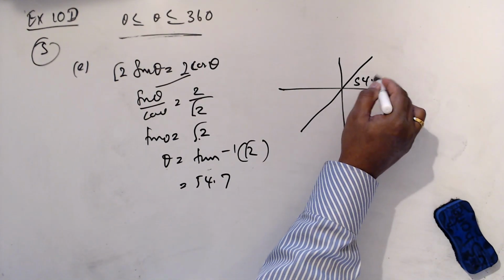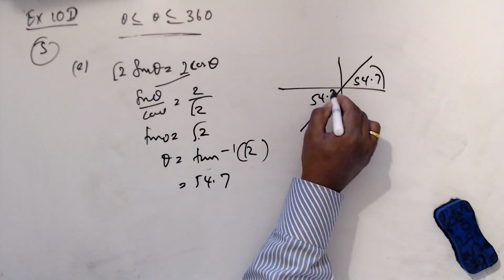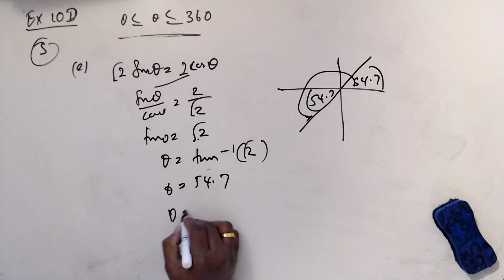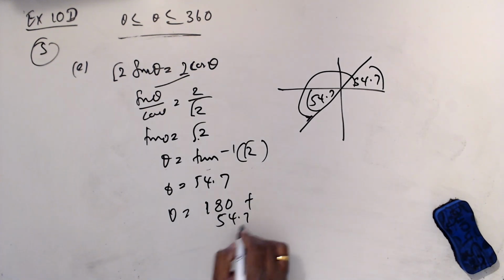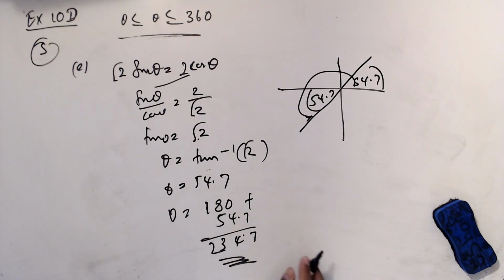So 54.7 and the third is 180 plus 54.7, 234.7.